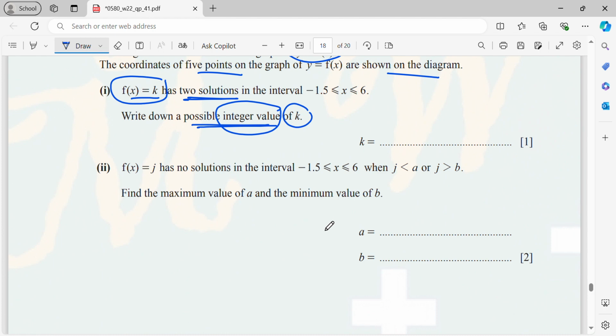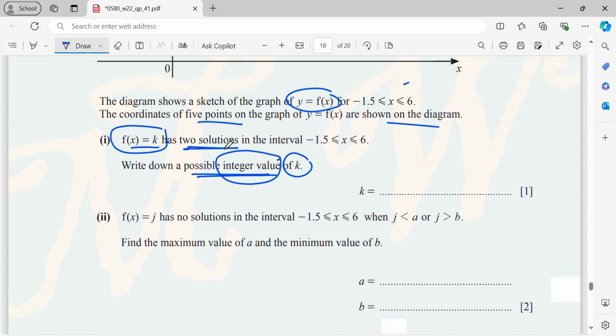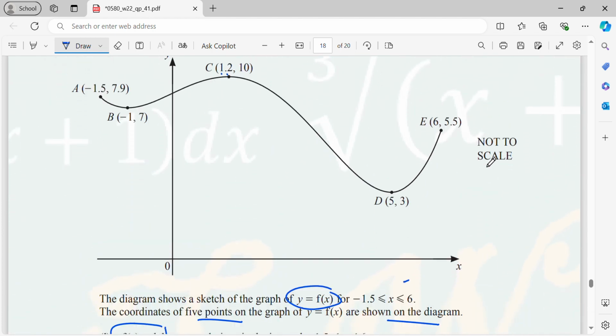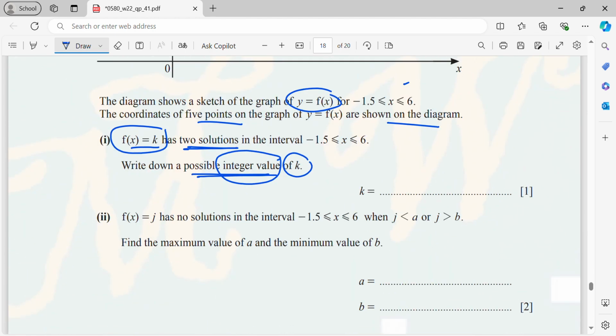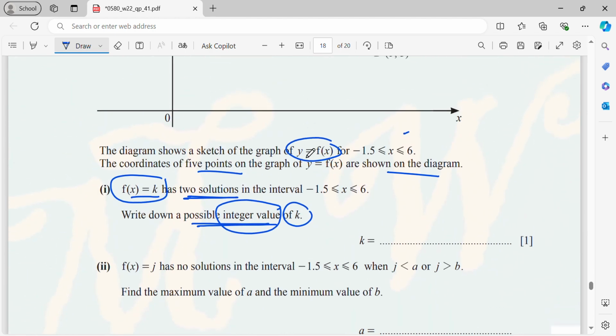your k, f(x) two solutions. So okay, f(x) equals k, y equals f(x) means y equals k.